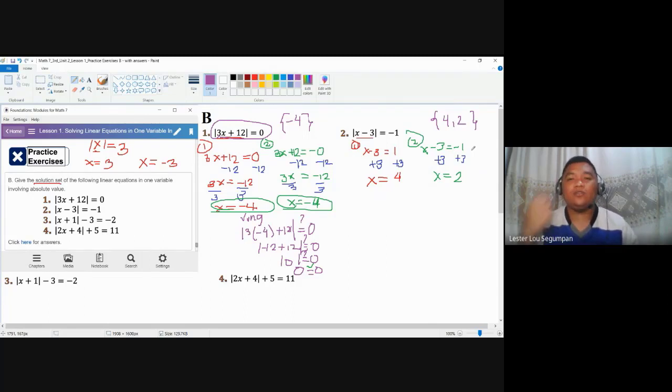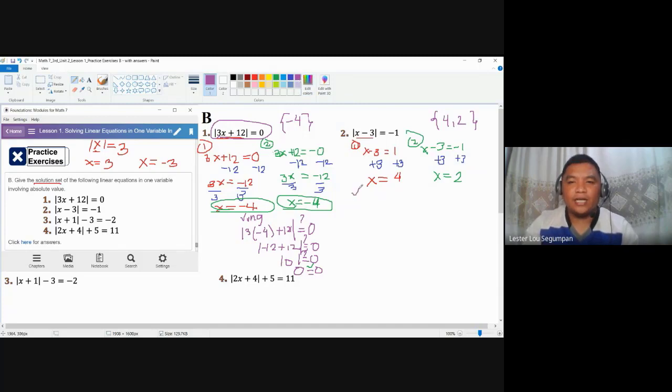You need to always verify using checking. Because yes, there are two possible solutions here, 4 and 2, and there might be a chance that your solution set should contain 4 and 2, or 2 and 4 interchanged. But let's check first if both of them are really solutions.